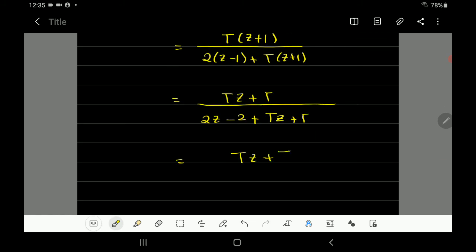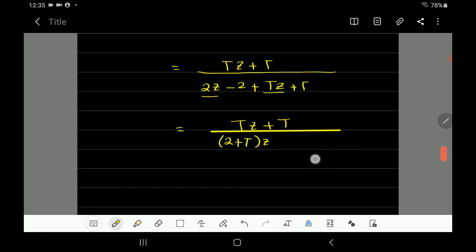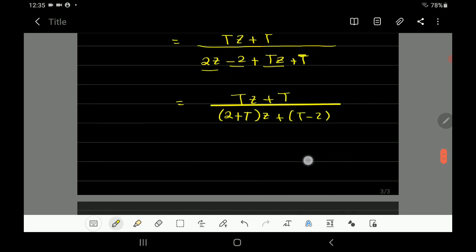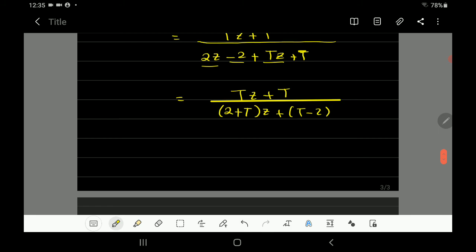Tz plus T over, you have 2z here and Tz here, so you'll have (2 plus T) the whole times z, and the constant left, this is T, and you have minus 2. So that will be the final equation.